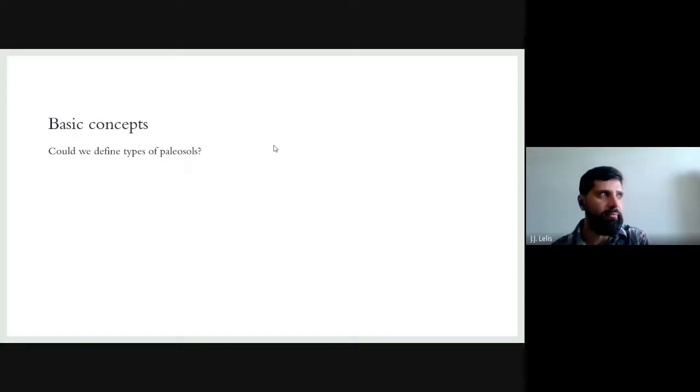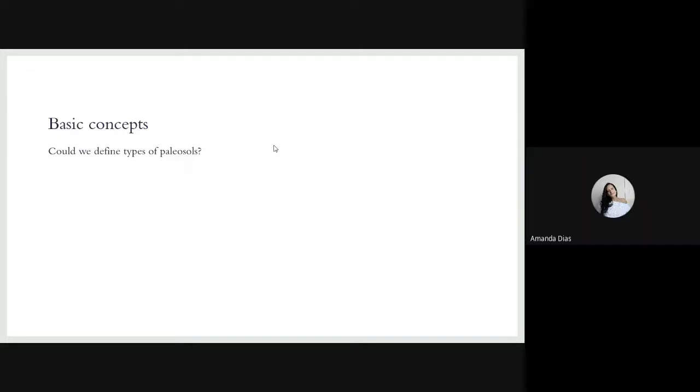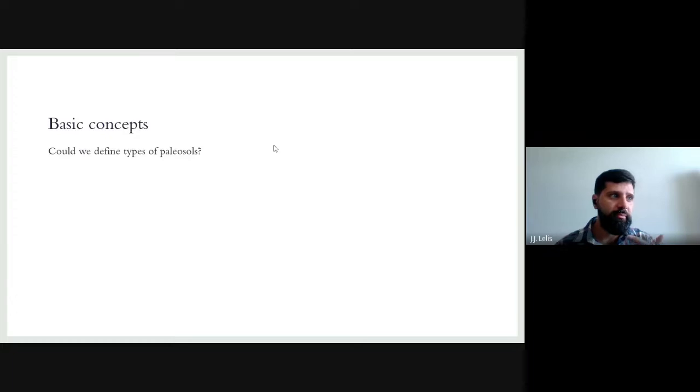So you believe we use the same system of soil classification for modern soils and for paleosols. Yes, it's what we usually do. Although some paleosols don't have an easy classification because some properties change through time.